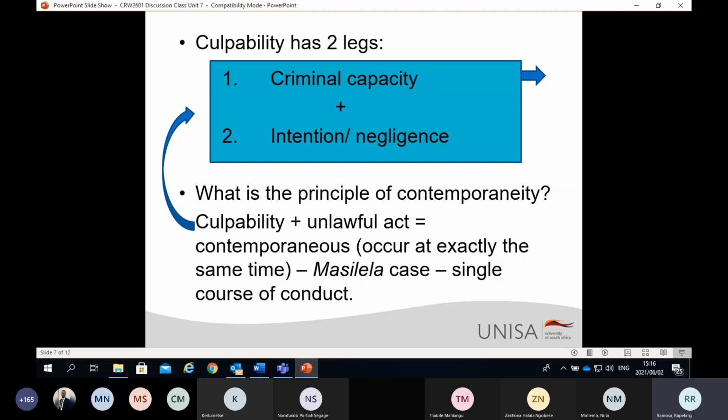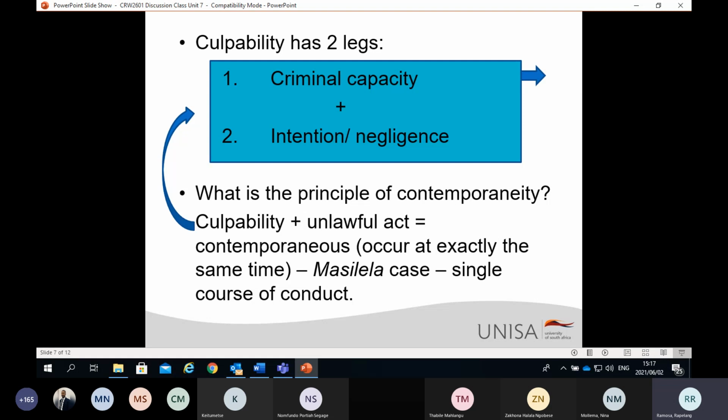So interestingly, the Supreme Court of Appeal decided that we can't accept the argument that was presented that there were two acts: the first act happened with intention but without the unlawful conduct, and the second act happened with the unlawful conduct having been achieved but no intention.